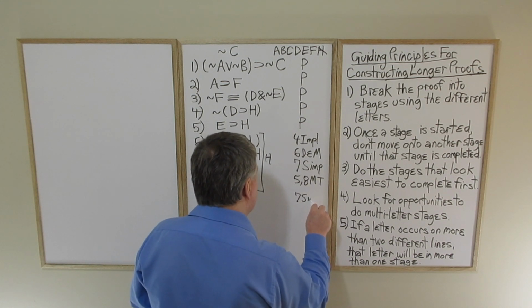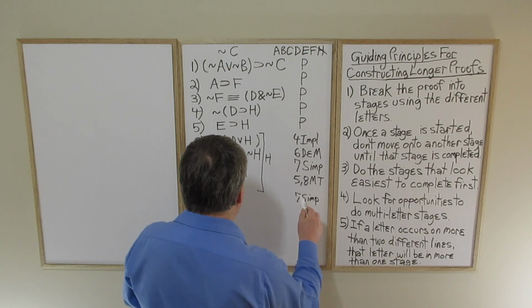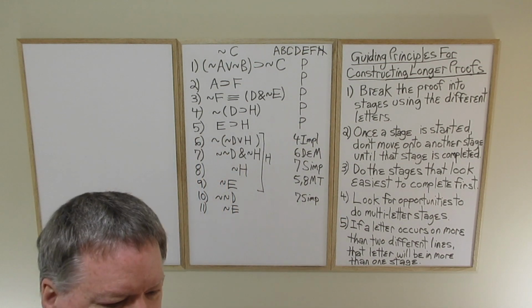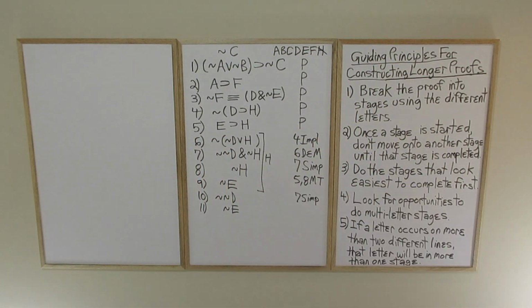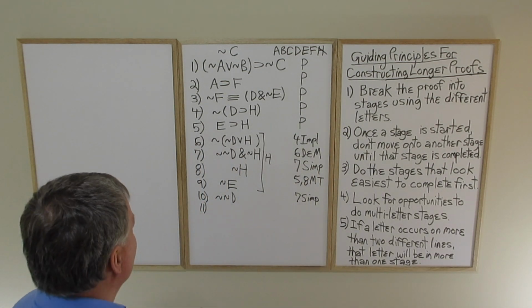7 simp, followed by, we don't need to do 9 simp. We've already got that information there.